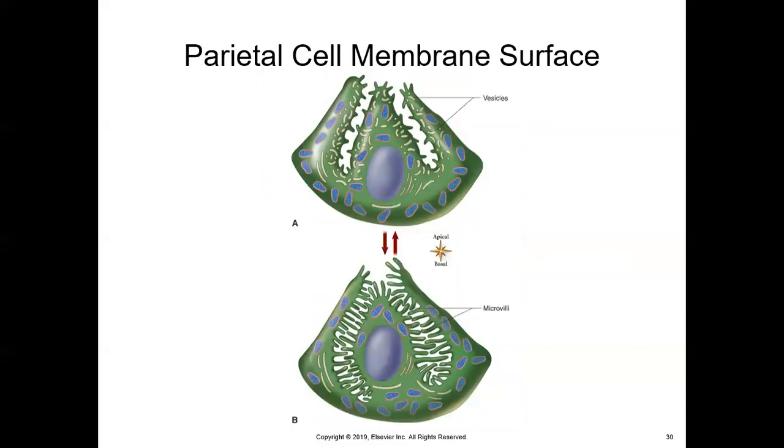Then this is just the cell membrane surface of the parietal cells. It shows the different vesicles that release the substances and the microvilli on the surface that increase the surface area.